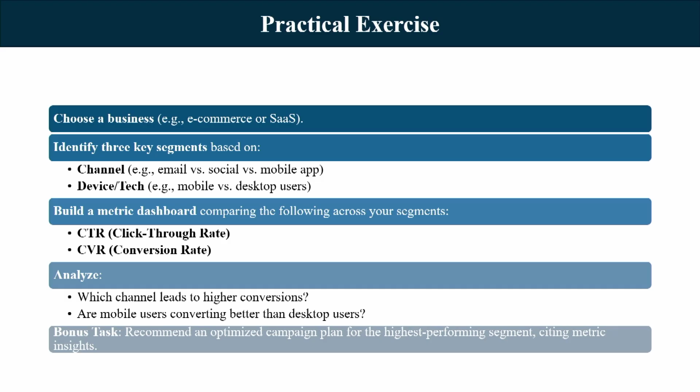And then you can analyze which channel leads to higher conversion. Is it the social media channel, the email channel, or the mobile application channel? Are the mobile users converting better than the desktop users? So, you can bring a lot of insights from this exercise.